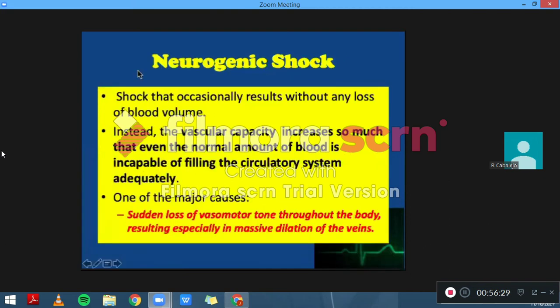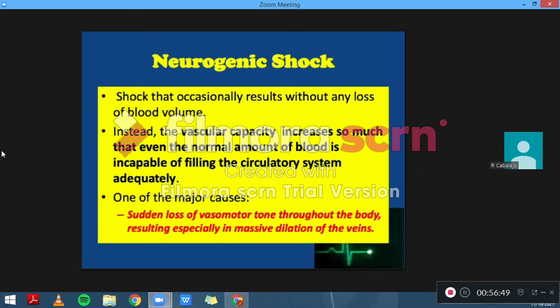Another form of shock is what we call neurogenic shock. This is the shock that occasionally results without any loss of blood volume. The mechanism here is an overall decrease in vascular tone.